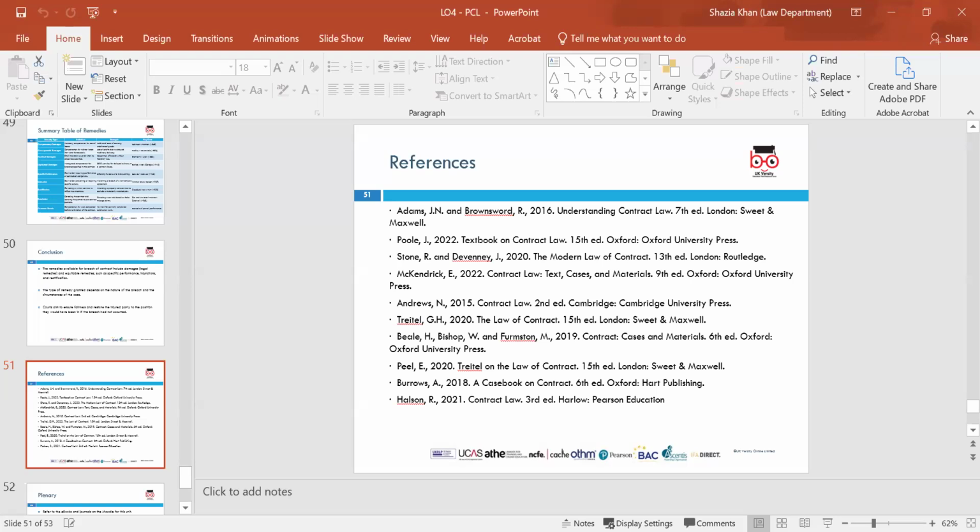We've also looked at the effect of breach on remaining contractual duties. And we've looked at the role of equitable remedies in contractual breach, so things like rectification, specific performance and injunction. And when is rectification granted, when is specific performance granted with reference to cases, and when is injunction granted and the different types of injunction.